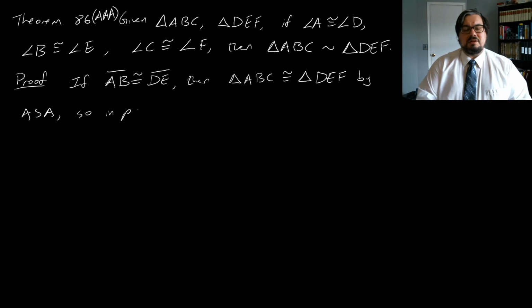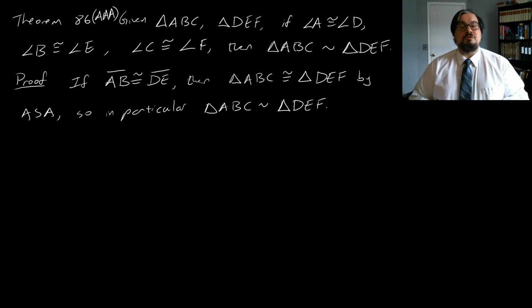So in particular, the triangle ABC is similar to the triangle DEF. If two triangles are congruent, then they are similar fairly trivially, because if you take the ratios of the corresponding sides, then they are always just 1. So if two triangles are congruent, then they are definitely similar.